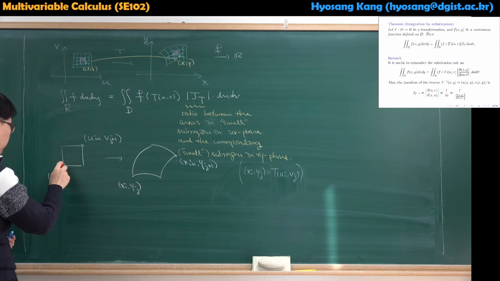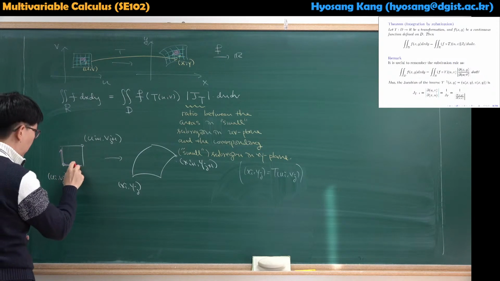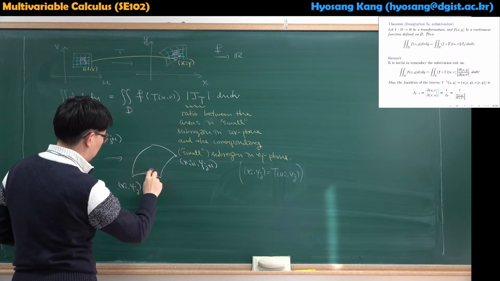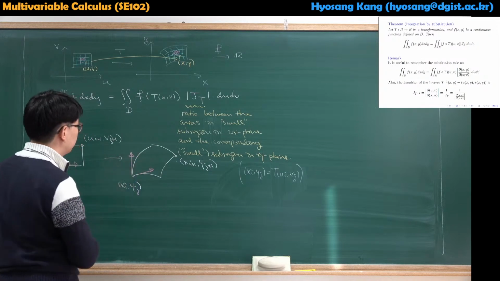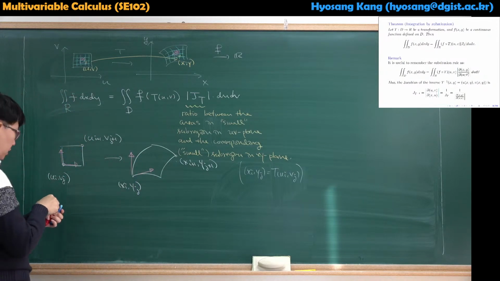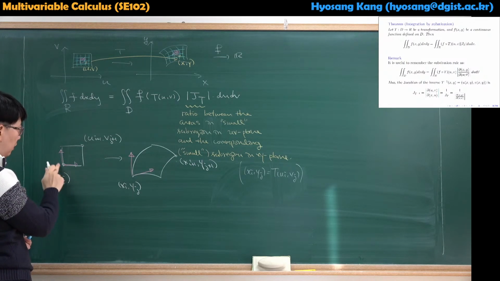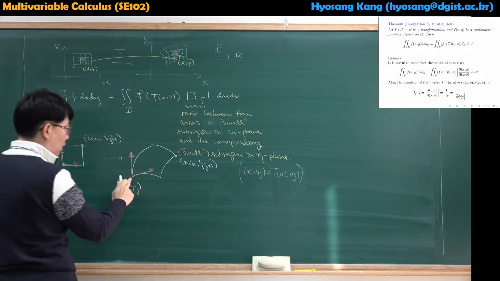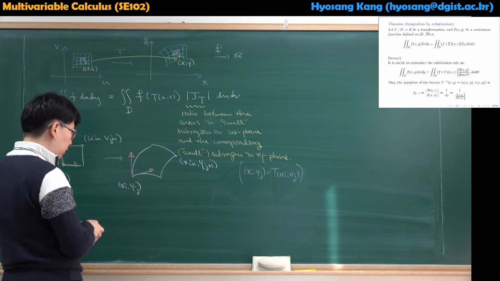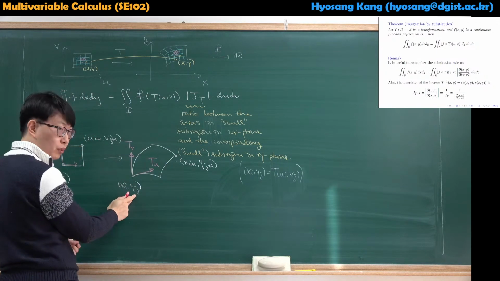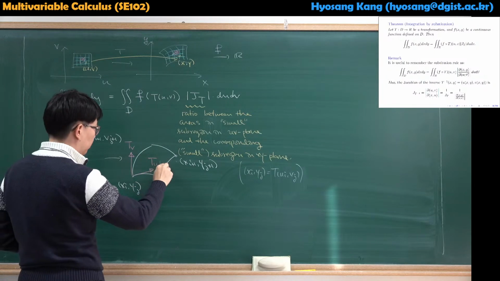Anyway, if I have two vectors moving along the u-axis and v-axis, I have corresponding vectors here. So let's say I'm taking a unit vector along the u-axis and a unit vector along the v-axis. The corresponding vectors here are Tu and Tv at the point xi, yj. Okay.